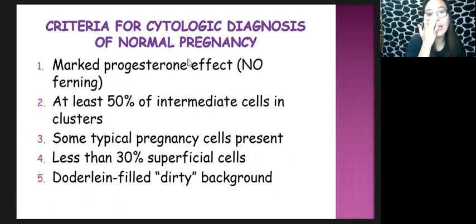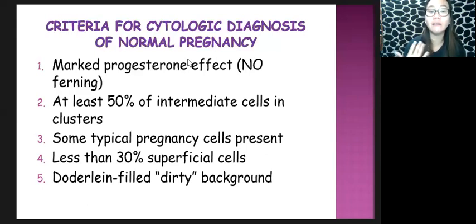Another, at least 50% of your intermediate cells should be in clusters. This indicates the predominance of intermediate cells. Remember that intermediate cells are associated with pregnancy; they are normally present in pregnancy. Some typical pregnancy cells are present because, from the term itself, pregnancy cells are associated with pregnancy.